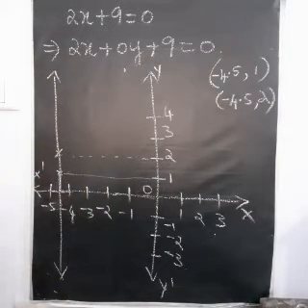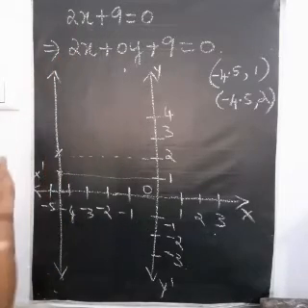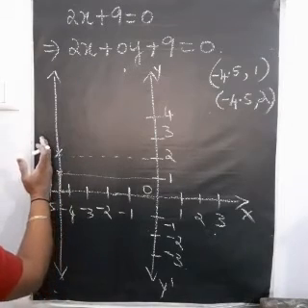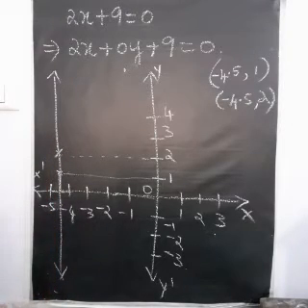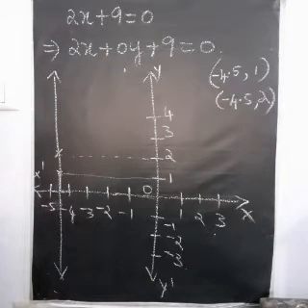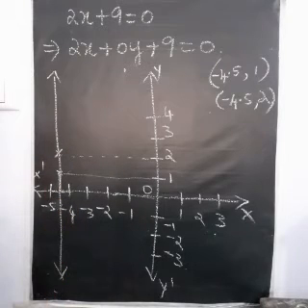Do you understand? So the equation of this line, when it has no y value, gives a line which is parallel to the y-axis. Supposing there was no x value and only y value was there, then I will get a line which is parallel to the x-axis. I hope you have understood, children.